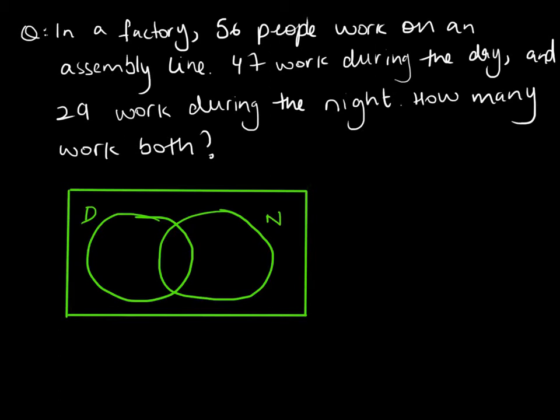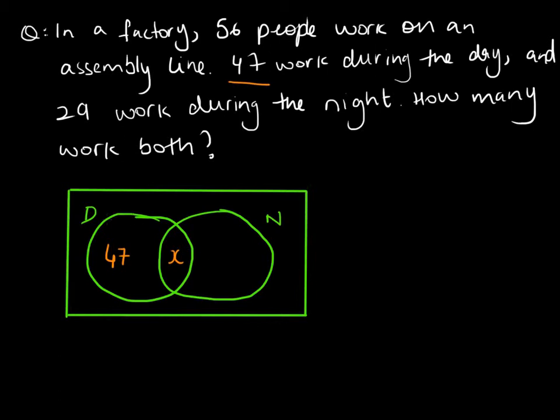Now let's assume that there are a certain number of workers that work both during the day and the night, and we'll refer to them by the letter X. Now we know that 47 workers work during the day. But keep in mind that the number 47 will include the number of workers that work both during the day and the night.